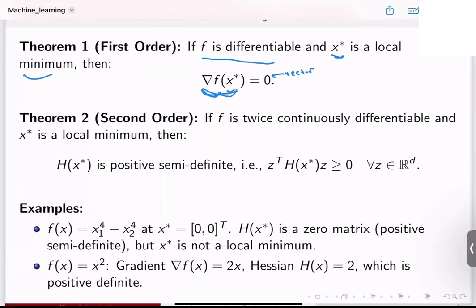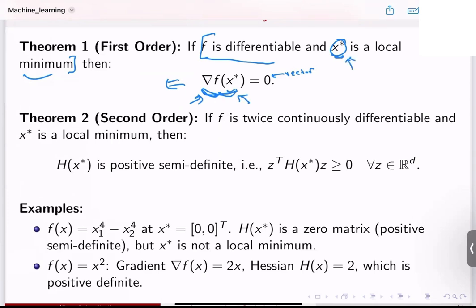But we don't know the other way around. We don't know that if the gradient is 0, then this point is a local min. So be careful here that the if-then statement is: this is what we're assuming, and this is what we're getting. It's not that we're assuming this and getting that.